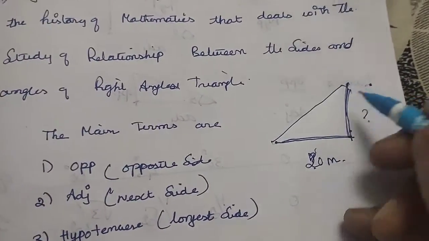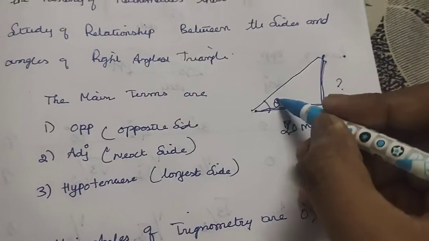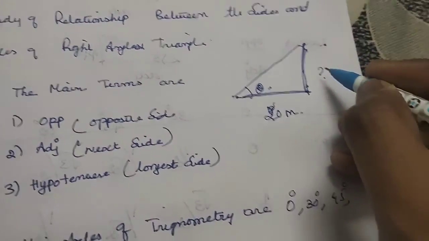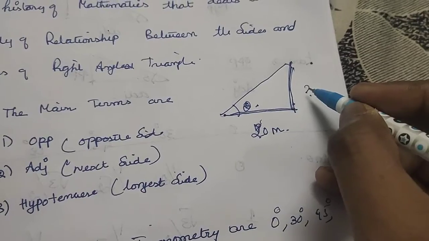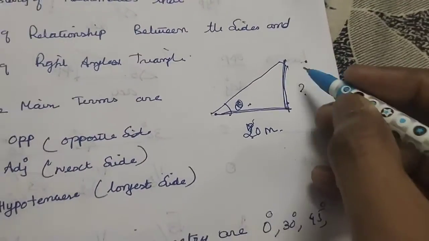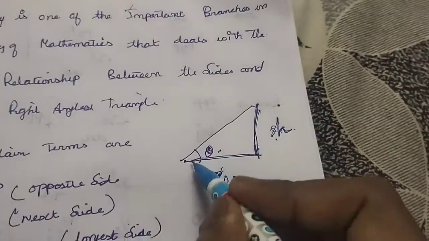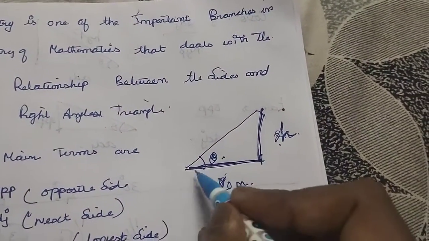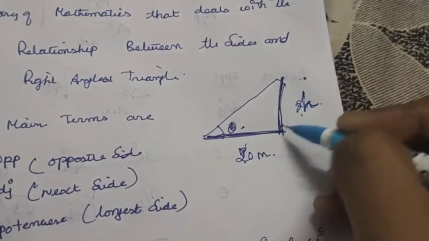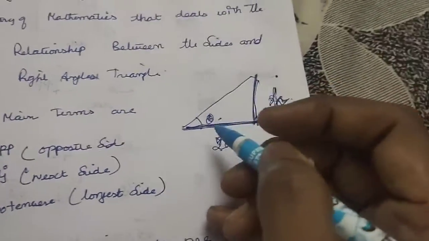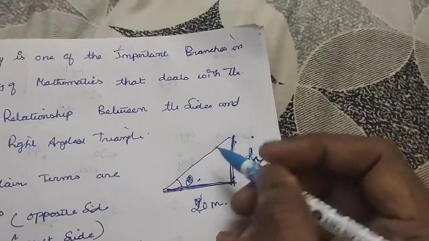By using the angle theta, we can calculate the accurate height of this area. It is easy to calculate the ground distance, but it is difficult to calculate the height. For this purpose only we use trigonometry.